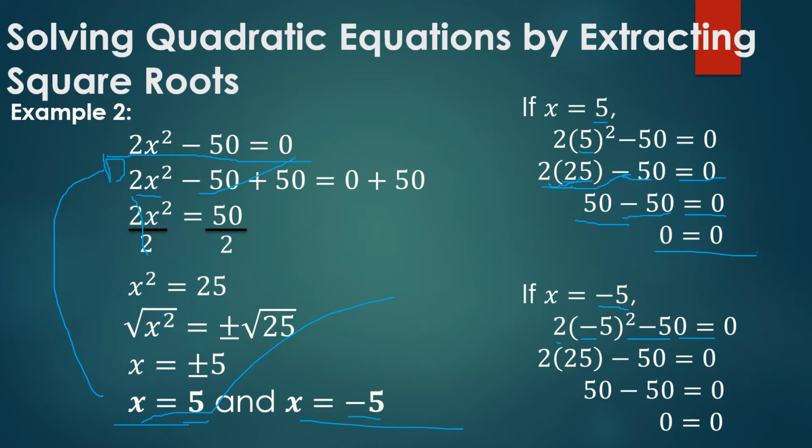Let's simplify. 2 times what is negative 5 square? That is 25. Minus 50, equal lang kaya yan sa 0. Simplify ulit natin. 2 times 25, that is 50. Minus 50, equal kaya yan sa 0. 50 minus 50 is 0. That's why 0 is equal to 0. Then, our answer, x is equal to negative 5 is correct.